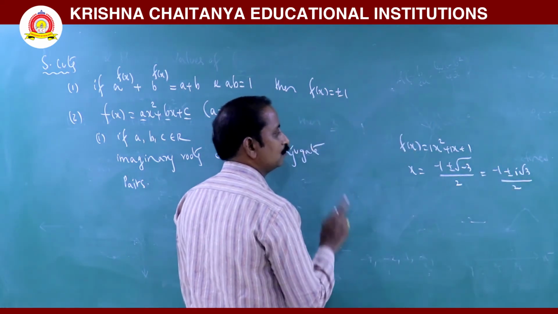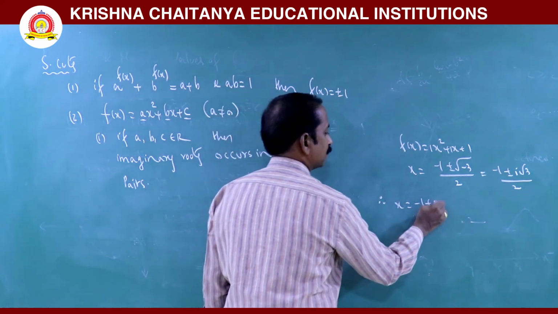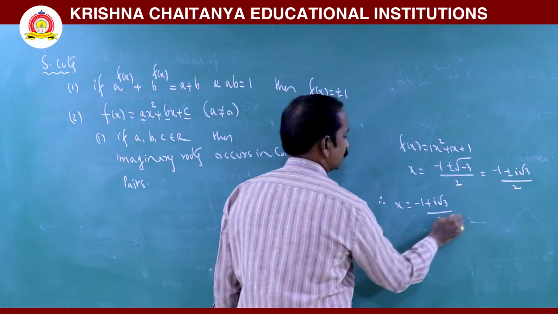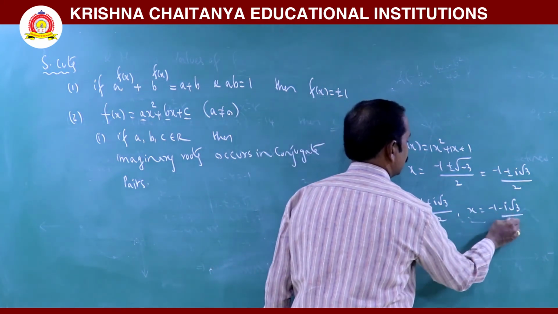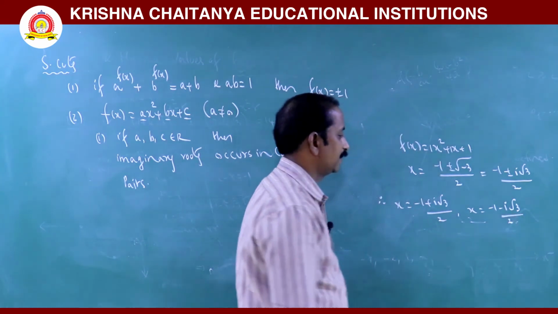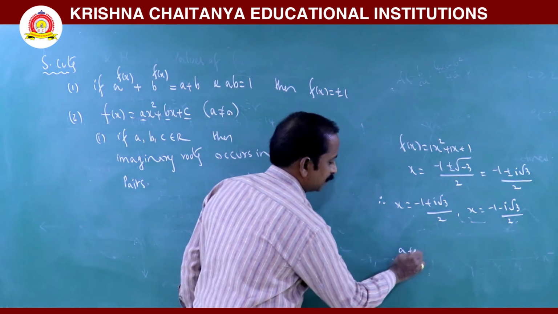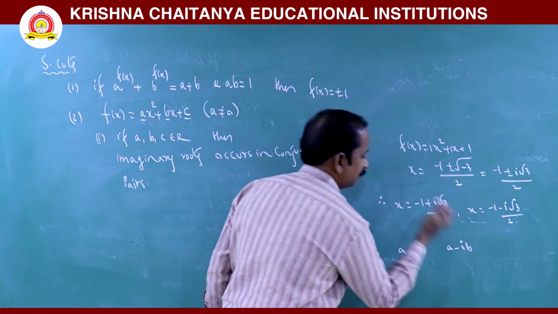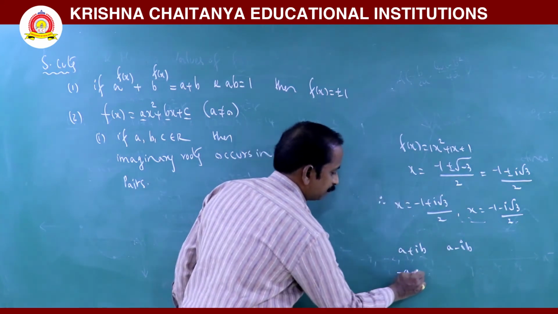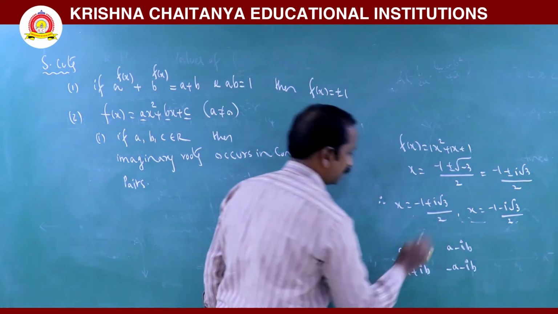Here we have two roots. One root is minus 1 plus i root 3 by 2, another root is minus 1 minus i root 3 by 2. But we know that for the number a plus ib, the conjugate should be a minus ib.